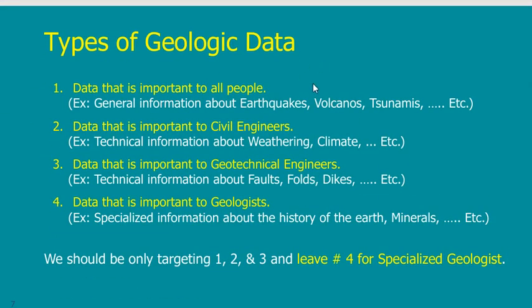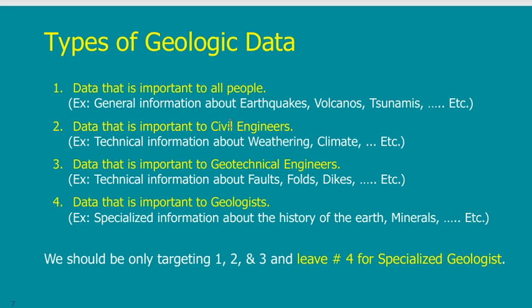Type of geologic data. The geologic data are split into 4 degrees of importance. The first one is information that is important for any human being. To know about earthquake, volcanoes, tsunamis, these are information that is required for anyone. So it is important for anyone on this earth.